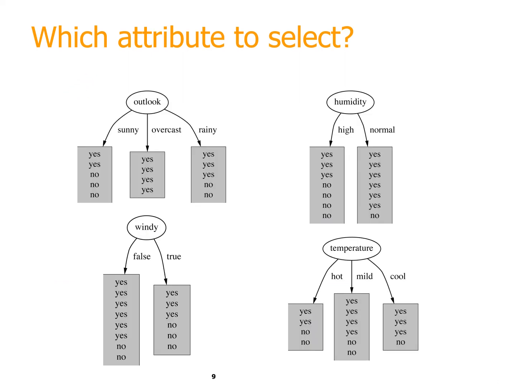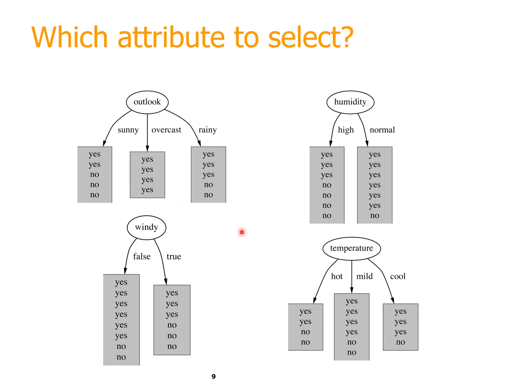Let's look at the class distribution of attribute values from the previous example, the play tennis example data. The data has 4 attributes: outlook, humidity, windy, and temperature.